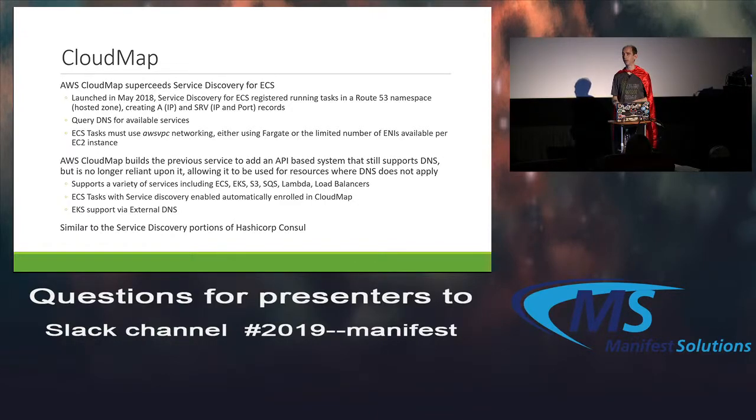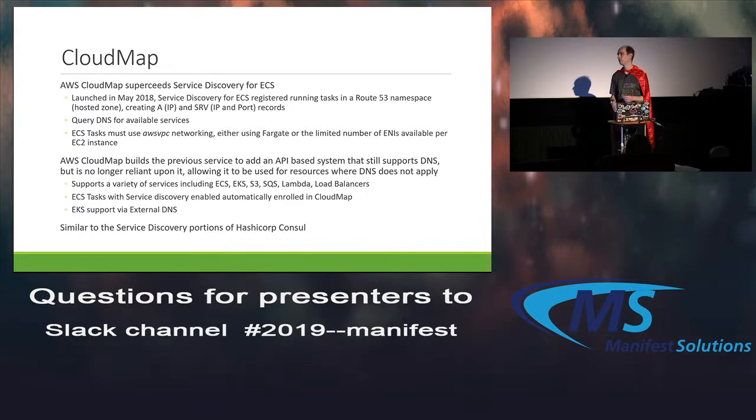This would put either A records, that's just an IP address, which assumes you know the port number, or service records with IP and port numbers. So you could look up a particular port. And this allowed you to query a DNS for available services, and then the client would have to pick one of those, so the client's responsible for load balancing there and making the call to that IP and port number.